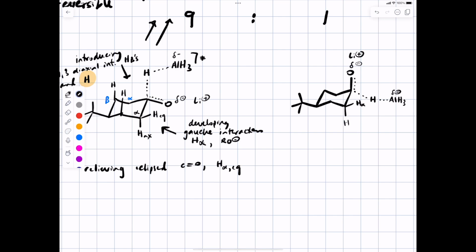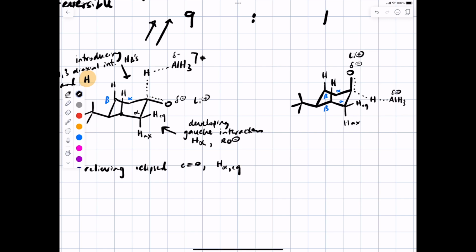Here are my alpha protons, equatorial and axial, and then here are my beta protons.